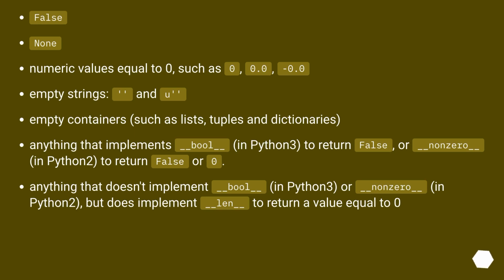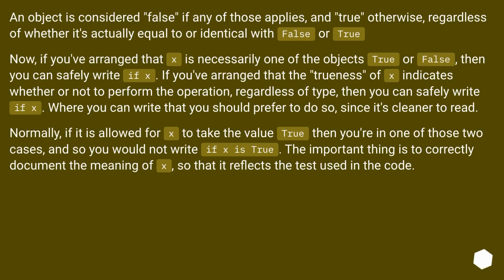Anything that doesn't implement __bool__ in Python 3, or __nonzero__ in Python 2, but does implement __len__ to return a value equal to 0. An object is considered false if any of those applies, and true otherwise, regardless of whether it's actually equal to or identical with False or True.